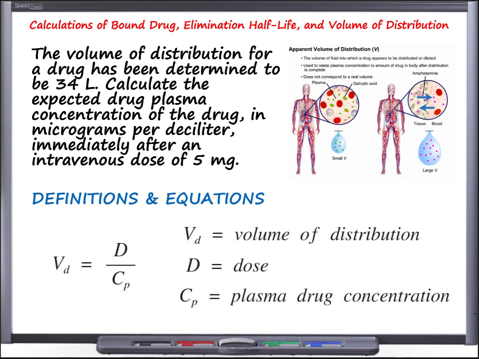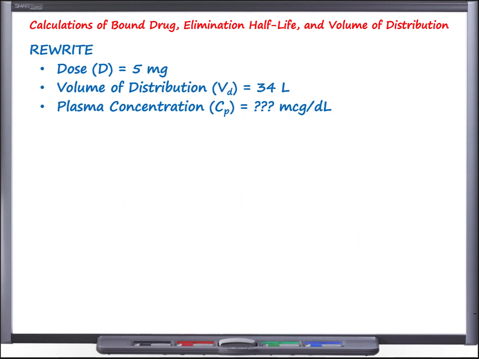So VD equals dose divided by plasma concentration. With that formula, you can calculate any of those parameters. Let's apply that to this question. We were told the dose is 5 milligrams. What's also important to know is that the dose was given intravenously, so we can assume 100% absorption.